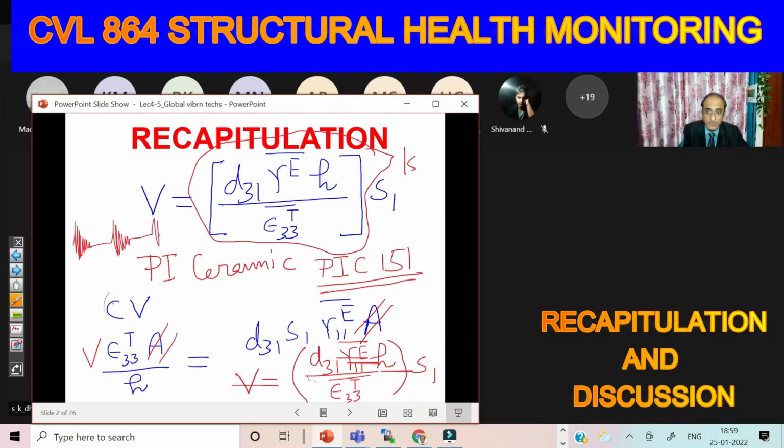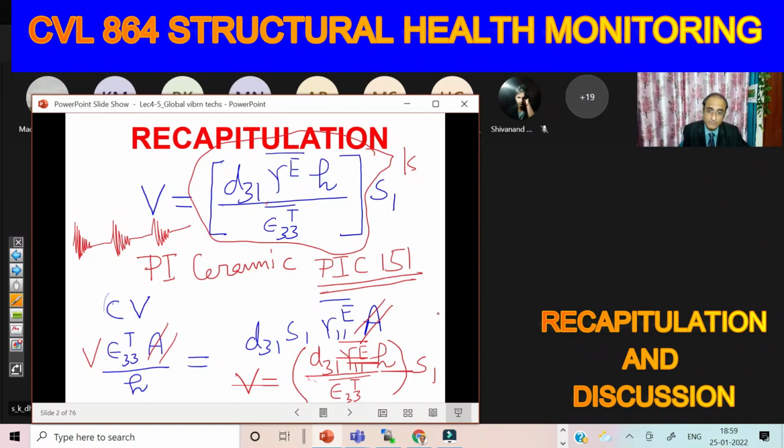Sir, all the parameters like dynamic Young's modulus and electrical permittivity, we get from PIC 151? Yes, of course, you get everything from PIC 151.